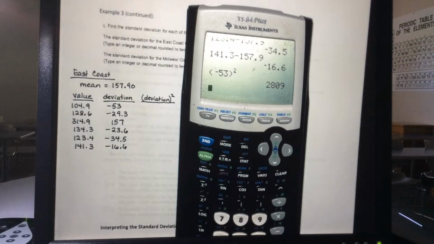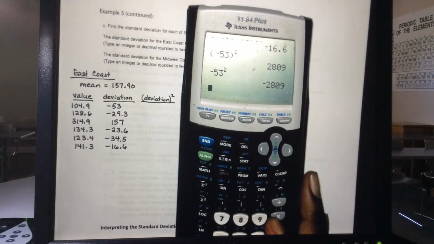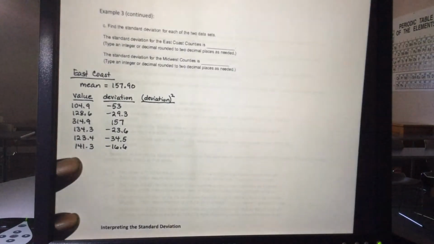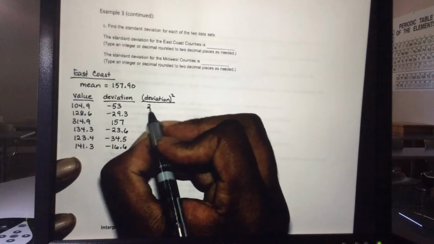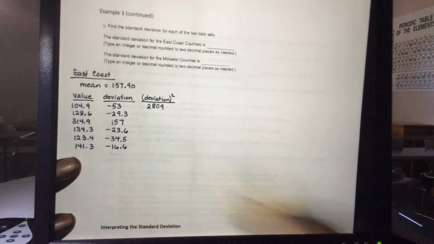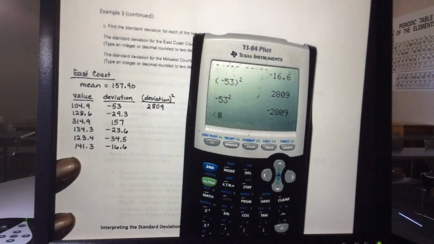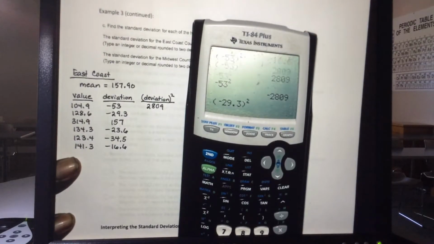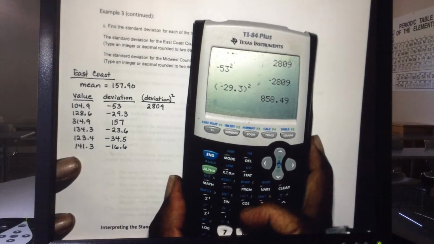If I left that out, I'm going to get a negative number. You want to make sure you have parentheses, and the square is on the outside of the parentheses. So we got 2,809. And for negative 29.3, close parenthesis, square it. The x squared means you're going to square it, and then hit enter. That'd be 858.49.